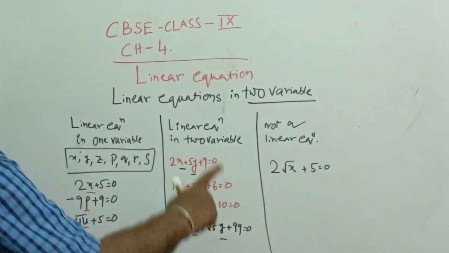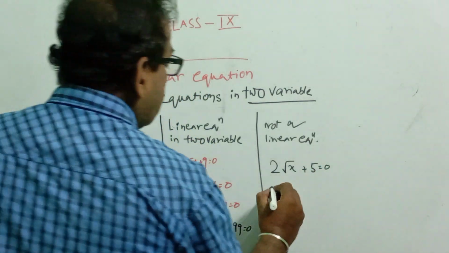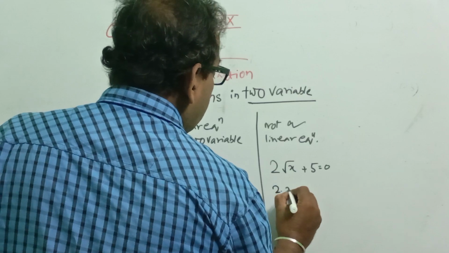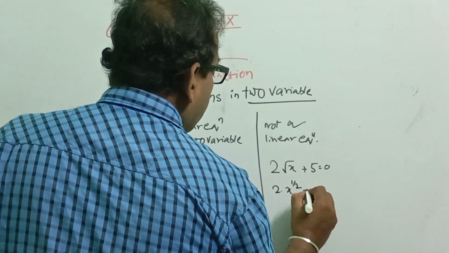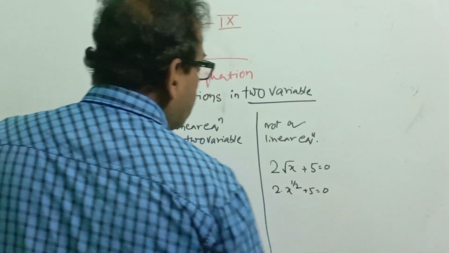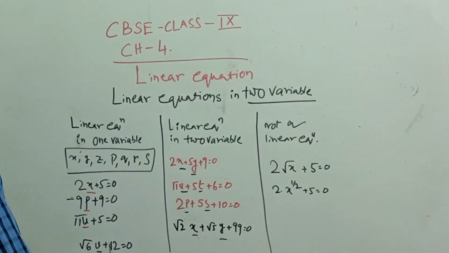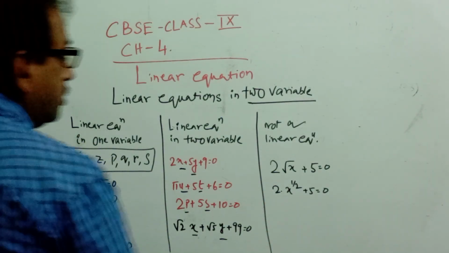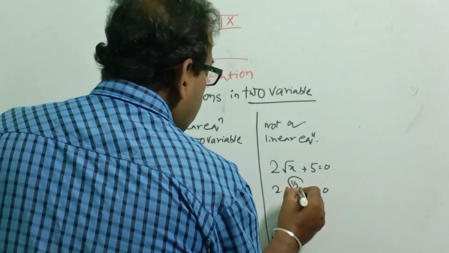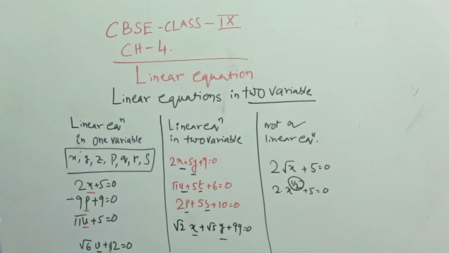Now why is root 2x not linear? It is 2 into x to the power half plus 2. Half is not an integer. So this is not a linear equation.